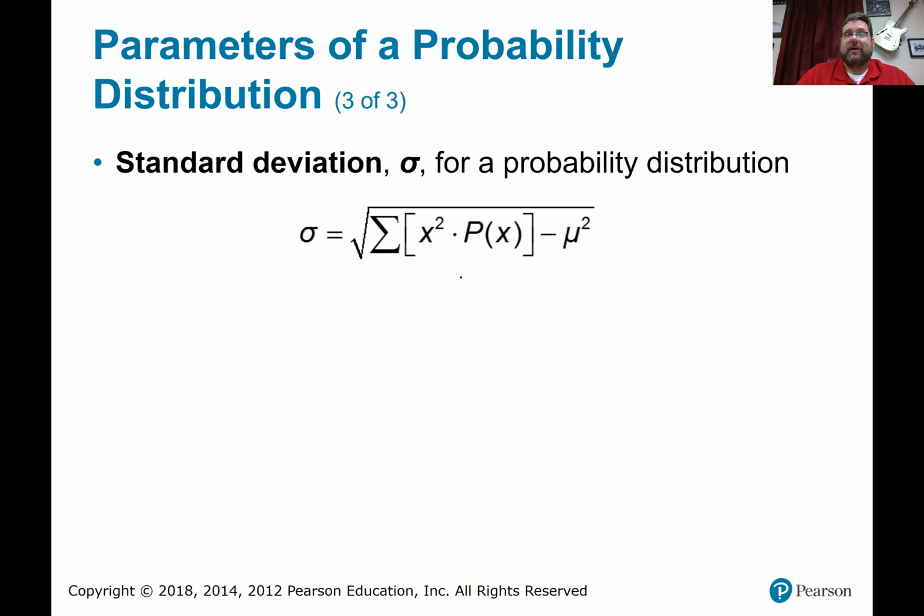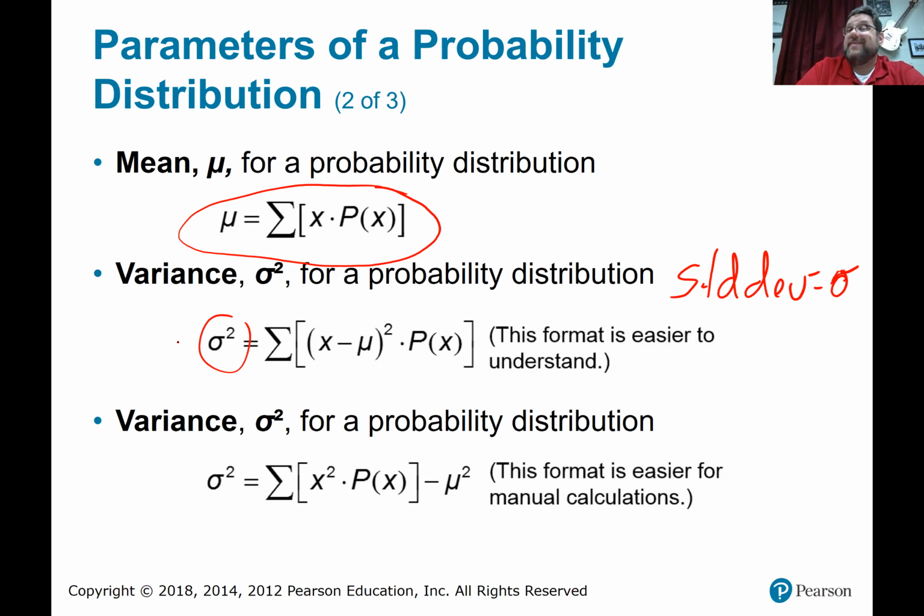Now, we also want to find the standard deviation, and the standard deviation is sigma. That's the other thing we want to find. But what we're normally going to find is sigma squared and then take the square root, because sigma is equal to the square root of sigma squared.